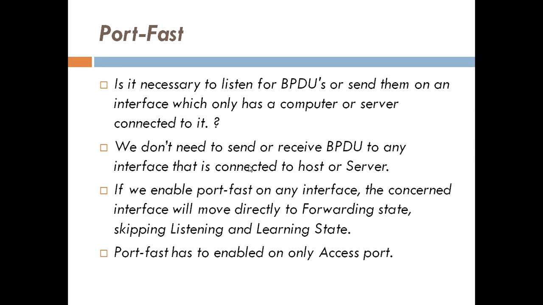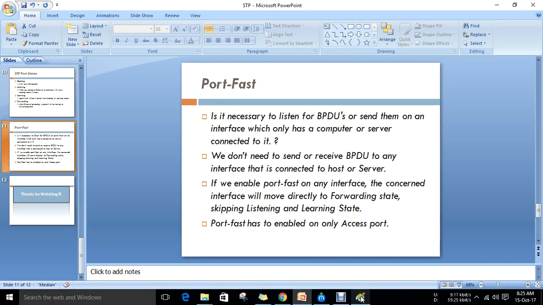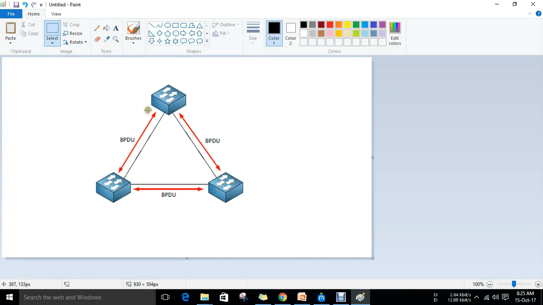And one more thing, here is a clear explanation of how STP works. Consider switch A, switch B and switch C, all having the same priority, with MAC addresses 111, 222 and 333.